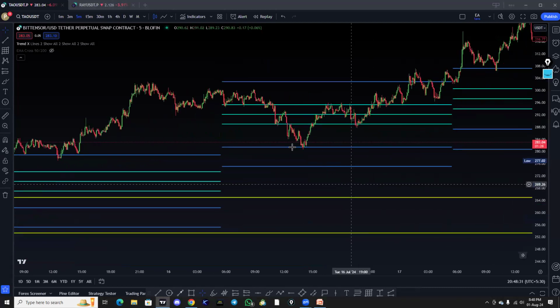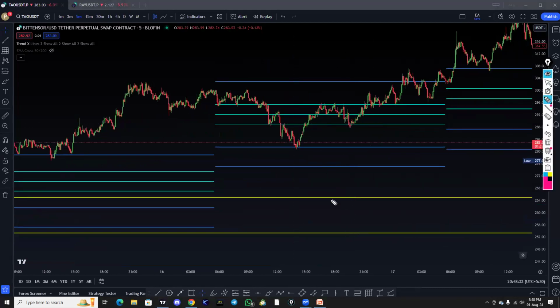Now this was valid because we are above weekly here. You can look, this is above weekly and this is a daily trend X. So now this is support and we got a confirmation here. Here we can take our trade. And as I said, first TP is this, second TP is previous day high. And this is previous day high.